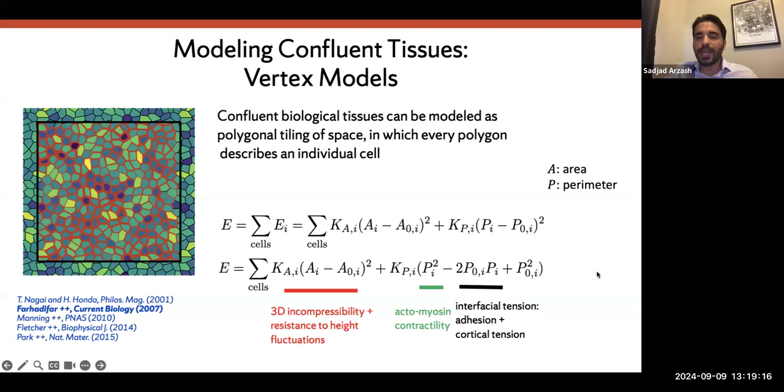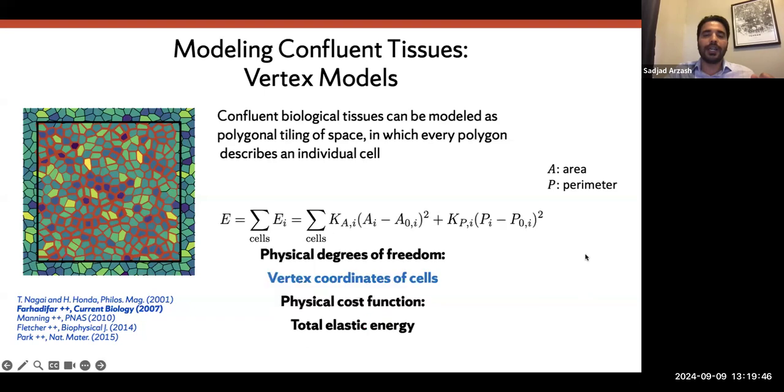If we just expand this energy, then we find the first part is related to 3D incompressibility effects of these cells, as well as the P-squared term in the second term in the energy that's related to actomyosin contractility, the restoring force for that actomyosin ring, as well as the linear term that would be interfacial tension. So that's the model that I'm going to focus on.